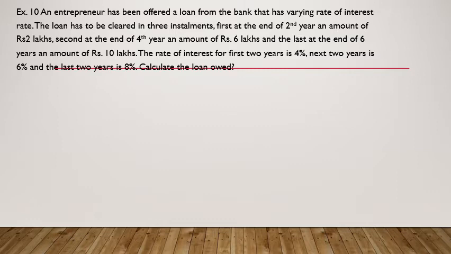Till now we have been discussing all the problems wherein the rate of interest was constant right from day one till the end. Here the rate of interest will vary between two periods. It's not that the rate of interest varies every moment. It is as per the assumption that we have made, that the rate of interest is constant.